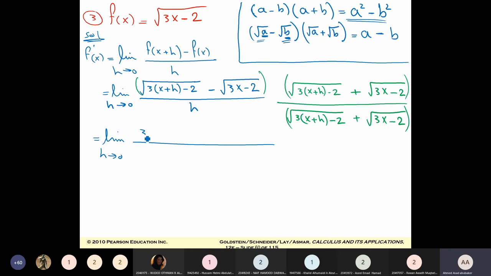So we have 3x plus h minus 2 minus واللي داخل الجذر الثاني اللي هو 3x minus 2 بهذا الشكل. Okay, over h multiplied by this one. Okay, so we have radical 3x plus h minus 2 plus radical 3x minus 2.